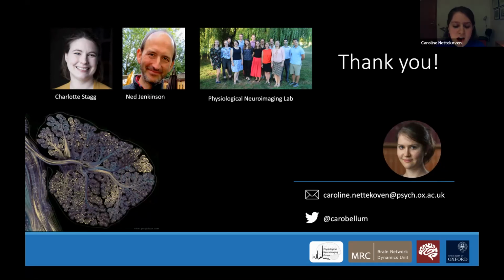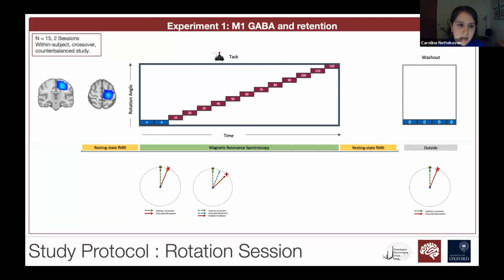Is there any reason why you chose a stepwise perturbation paradigm instead of a consistent rotation? Yeah, that's a good question. I think the reason that we went for this kind of paradigm was really because we wanted to drive adaptation throughout the whole period of the experiment. As you can imagine, we were also trying to find out whether there might be any kind of change in GABA during this adaptation period, which we didn't see.